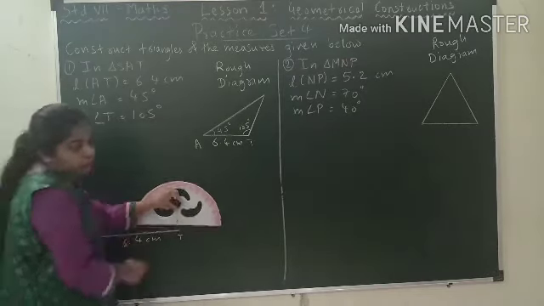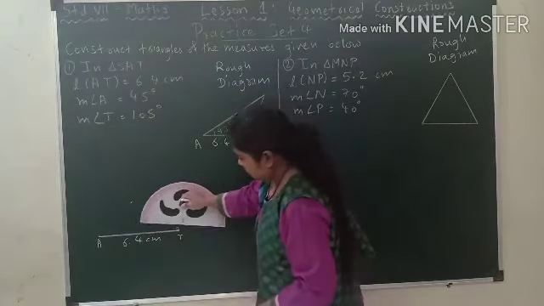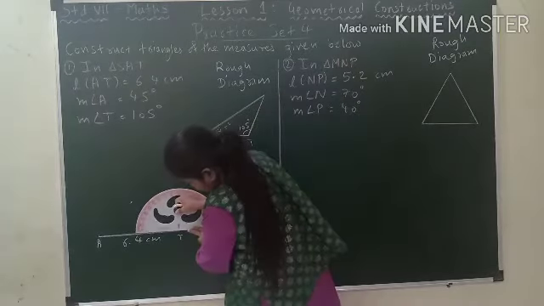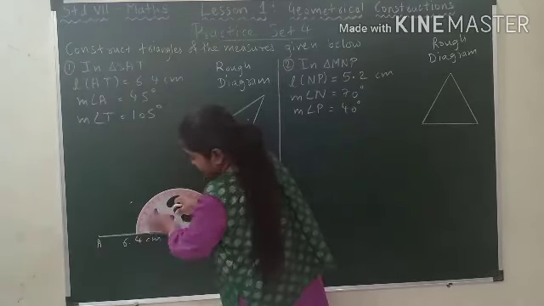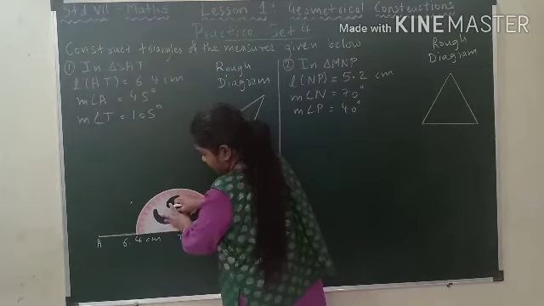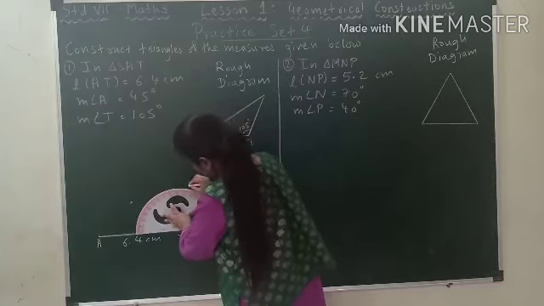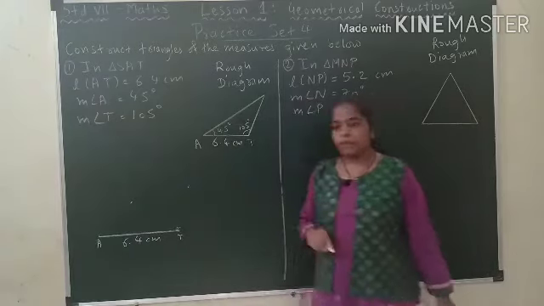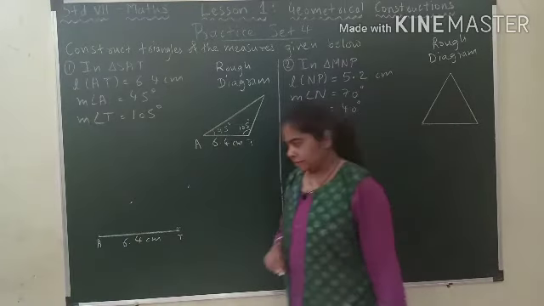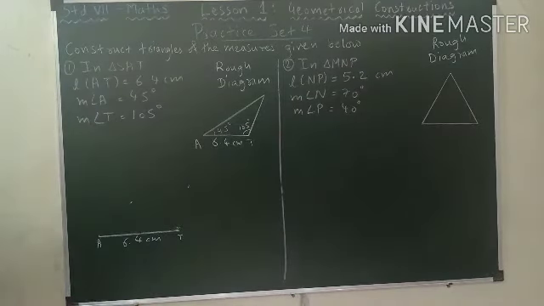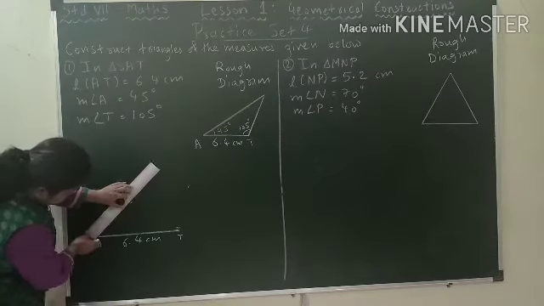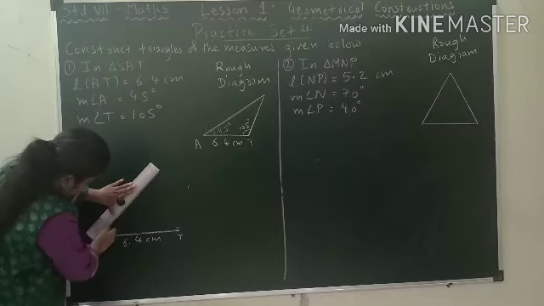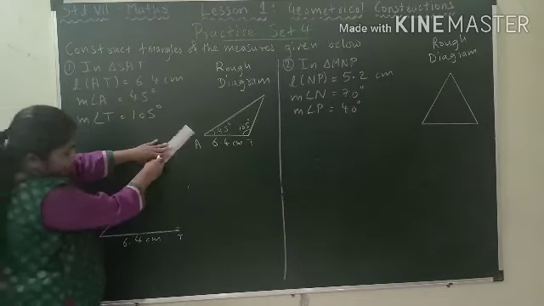This side now. Now I am seeing this side line. So outside this way. That's 105. Make a big line.